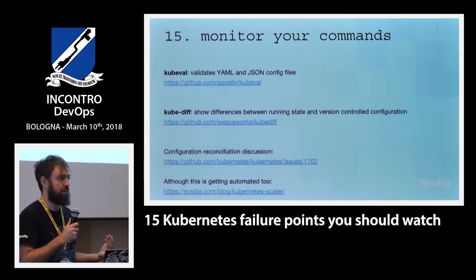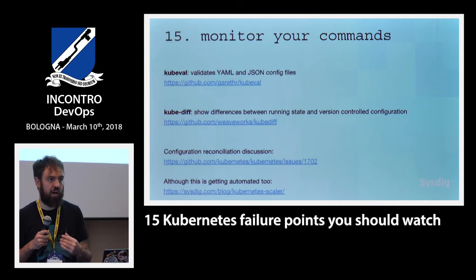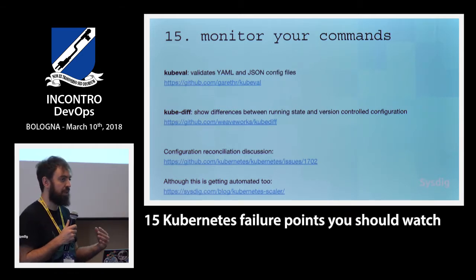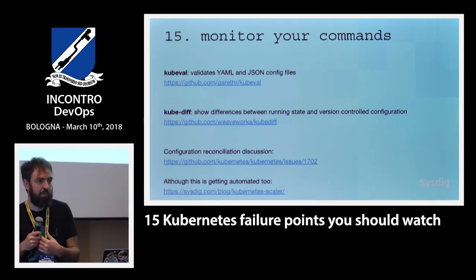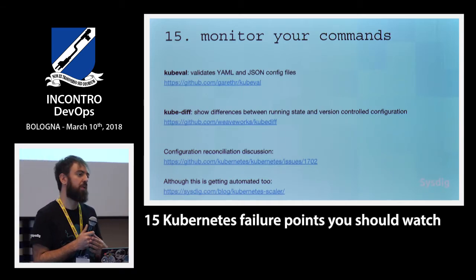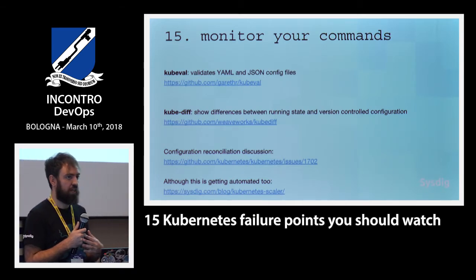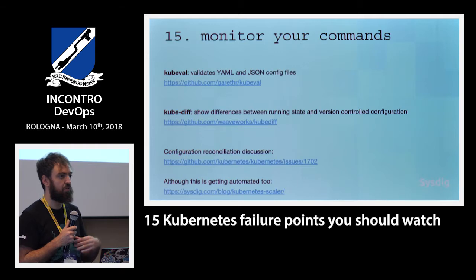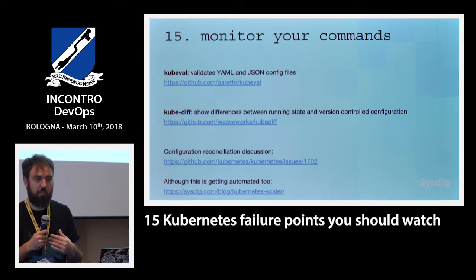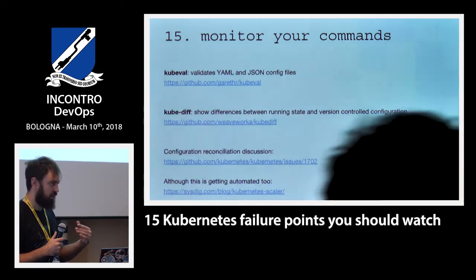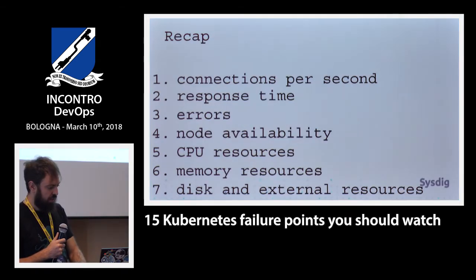Like right now, for example, we are used to defining how many instances we need for every deployment manually. But I see more and more people adopting horizontal autoscalers and autoscaling groups for your instances. So this is going to become more and more automated. So things might change in the future.